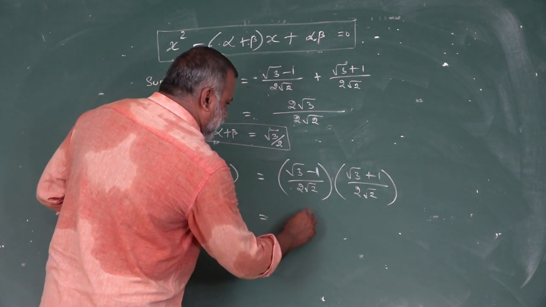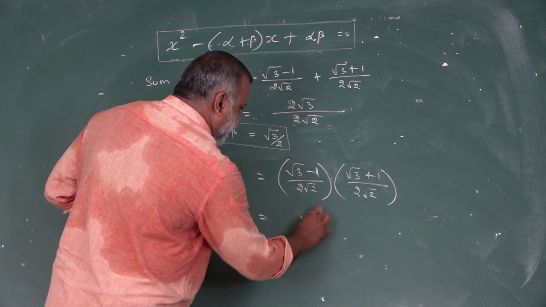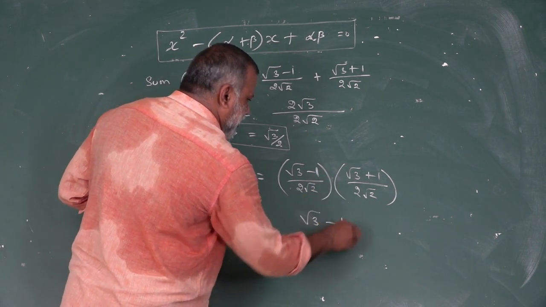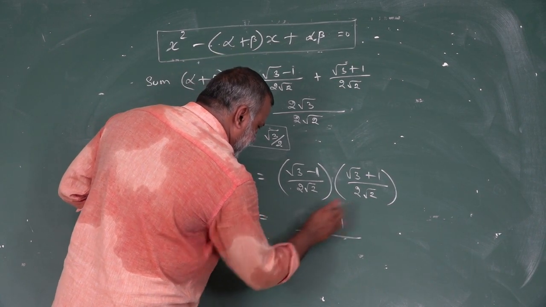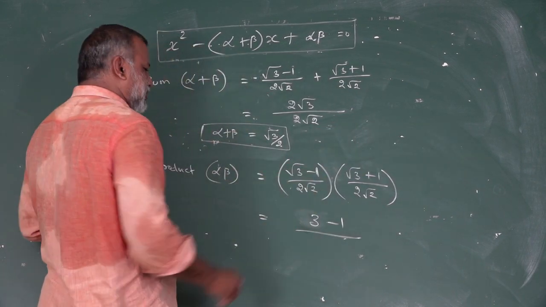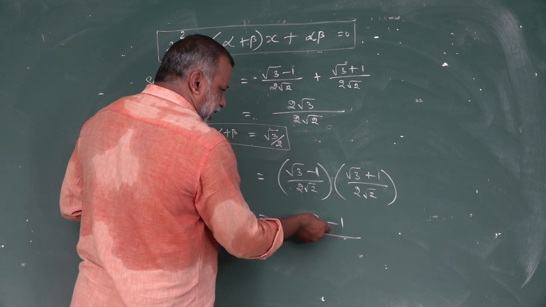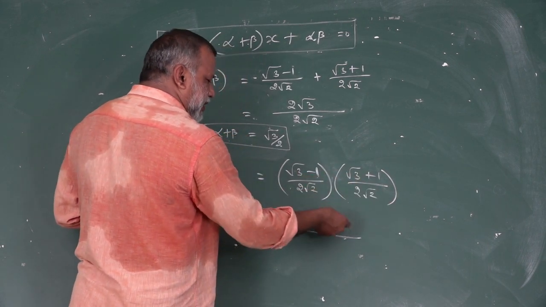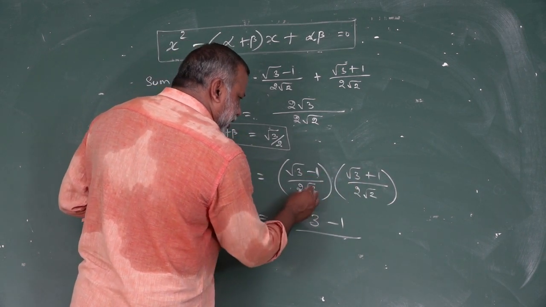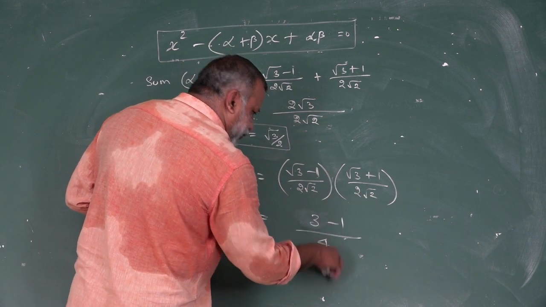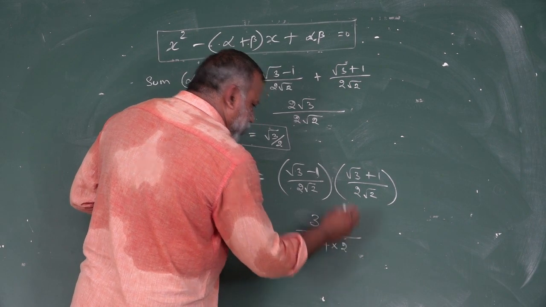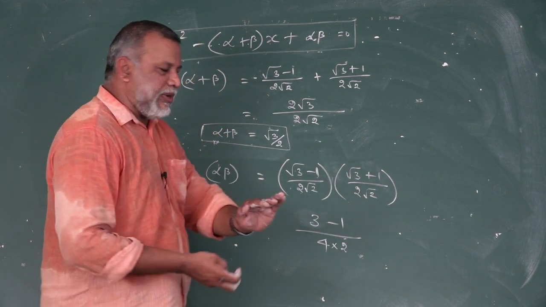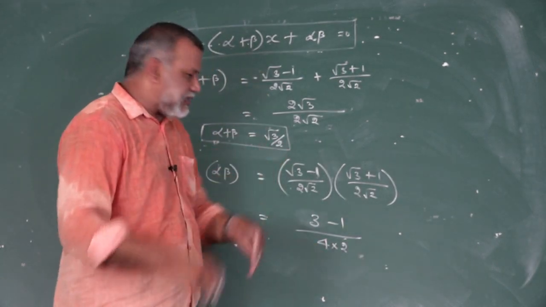Root 3 squared means 3, directly, no need to work out enlarged steps. In the denominator, 2 multiplied by 2 we get 4, and root 2 multiplied by root 2 we get 2.